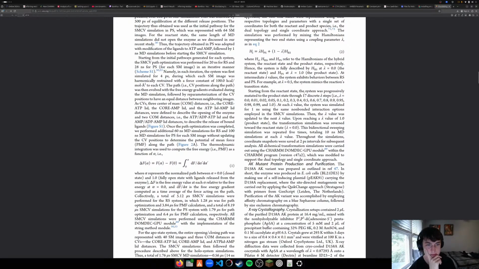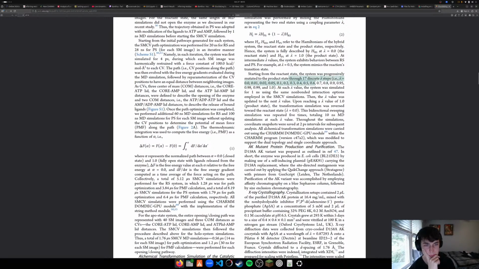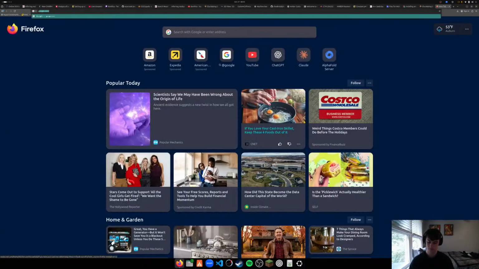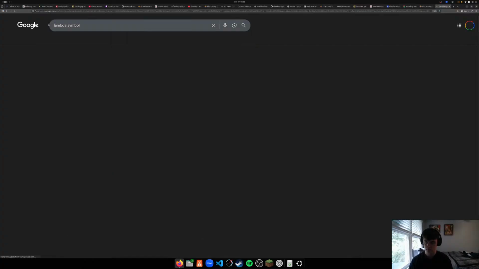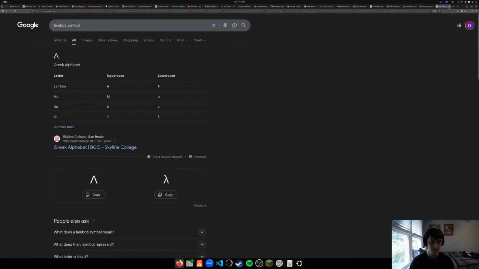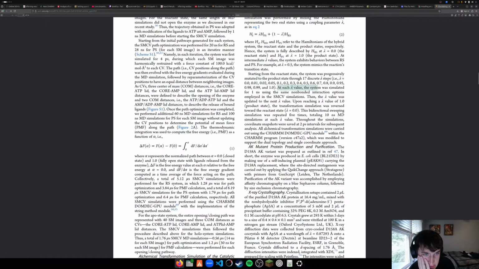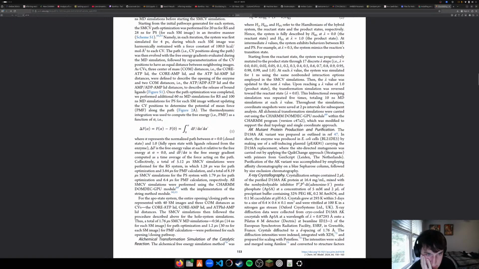Starting from the reactant state, this system was progressively mutated to the product state. There's 17 discrete steps. At each, what is that, gamma? I always forget these. No, it's lambda. At each lambda value, the system was simulated, and the lambda value was updated. Okay.